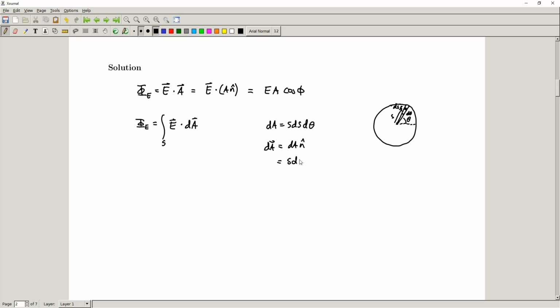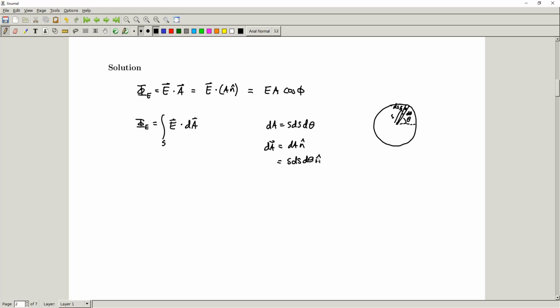This is going to be s ds d theta n hat, okay? And because our electric field here is uniform, we don't have to worry about some sort of algebraic expression for our electric field. It has no dependence on any of these variables. It's the same everywhere. So we're just going to keep it in the form of E.